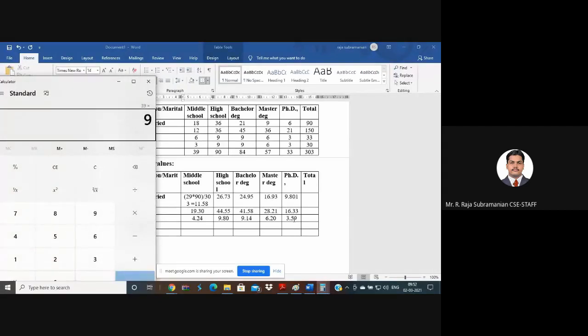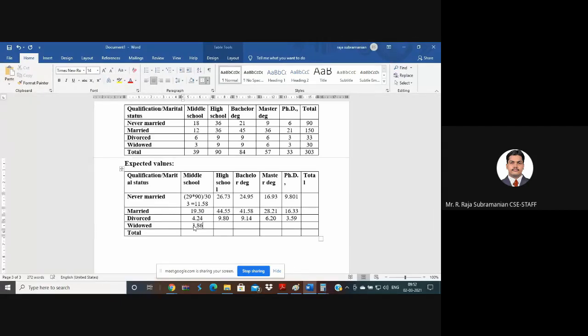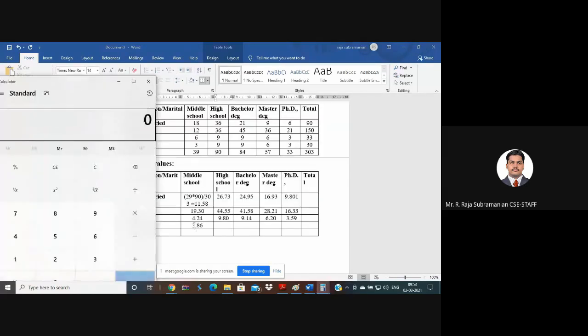39 into 30, 1170 divided by 303, 3.86. Next, 90 into 30, 2700 divided by 303, 8.9.